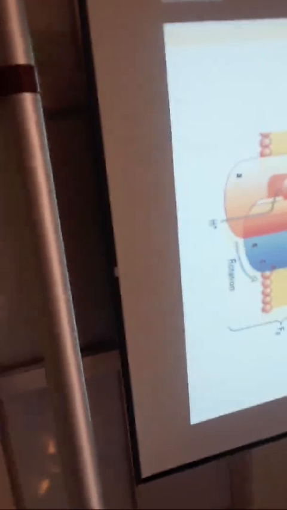So how can we explain what's going on here? There's a model that has been called the binding change mechanism of ATP synthesis, and I'll show you a little video that explains it a little better.